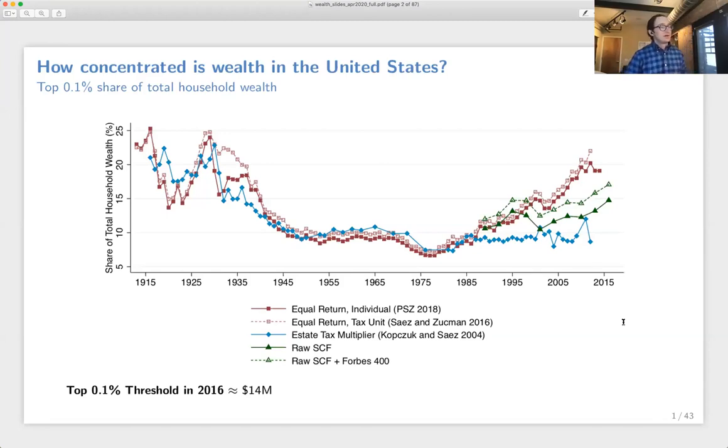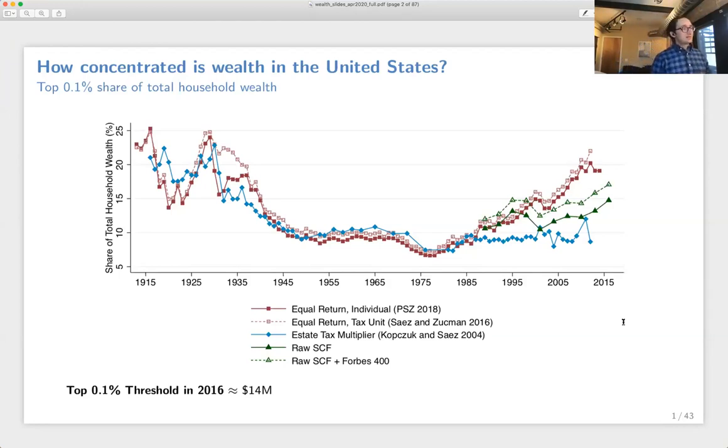Here I've put up the leading estimates from the three most prominent methods for estimating top wealth. I've plotted the top 0.1% share of total household wealth going back to the beginning of the 20th century according to each method. Just to give folks a frame of reference, in our data, the top 0.1% threshold in 2016 is $14 million per person or $28 million for a household.